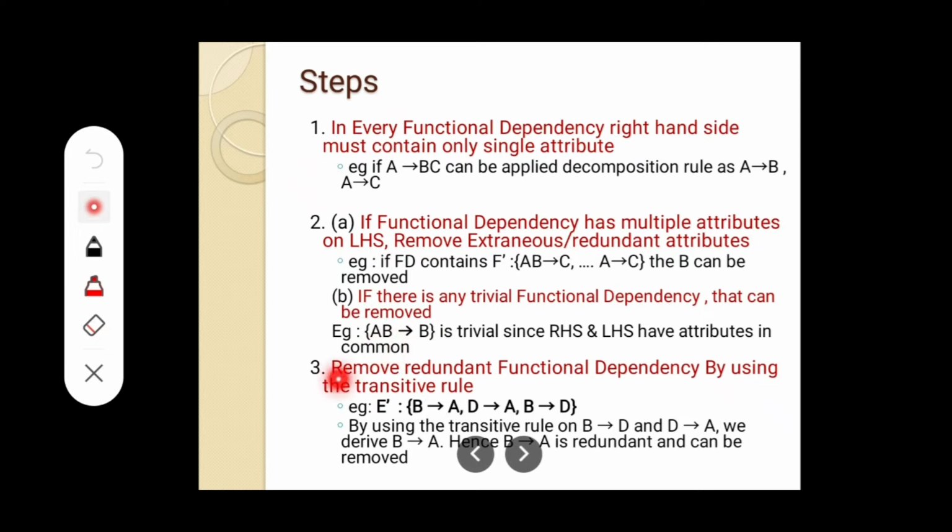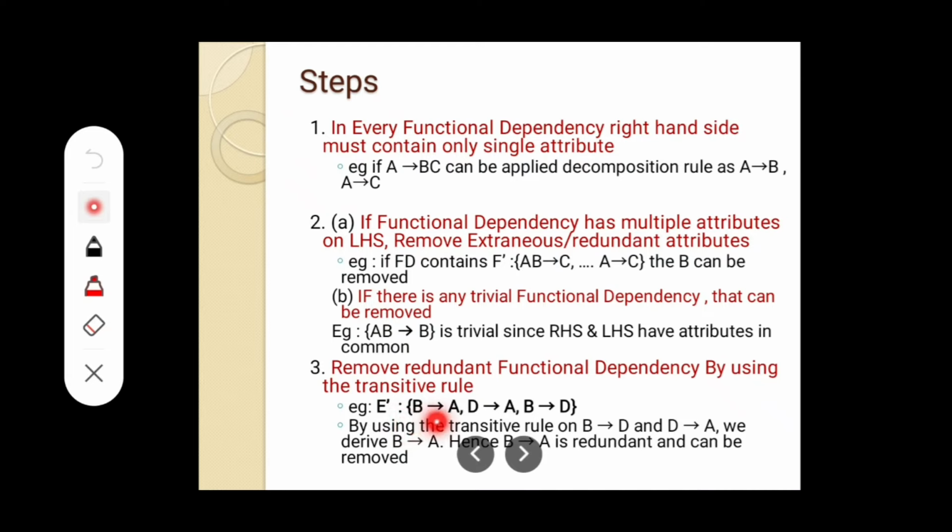Now third step: remove the redundant functional dependency by using the transitive rule. We have already studied the transitive rule, IR3, in the inference rules. അപ്പോൾ അങ്ങനെ ട്രാൻസിറ്റിവിറ്റി റൂൾ വെച്ചിട്ട് നമുക്ക് ഏതെങ്കിലും ഫങ്ഷണൽ ഡിപ്പെൻഡൻസി എലിമിനേറ്റ് ചെയ്യാൻ പറ്റുമെങ്കിൽ അതങ്ങനെ ചെയ്യാം.